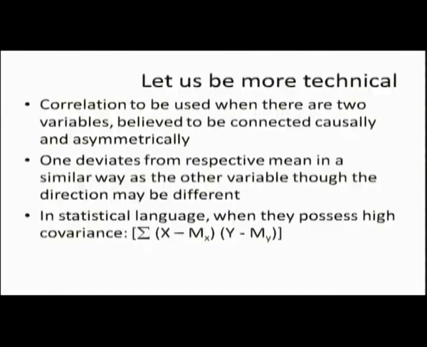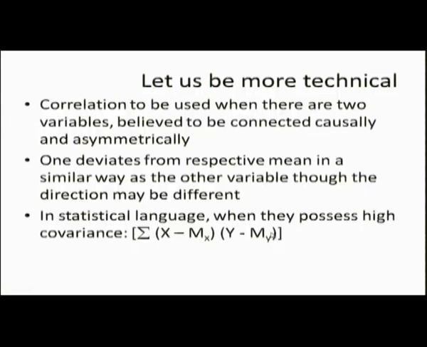Two variables are correlated when one deviates from its respective mean in a similar way as the other variable, though the direction may be different. In statistical language, when they possess high covariance, they are called correlated. What is covariance? Covariance is the summation of deviations of x from the mean of x multiplied by deviations of y from the mean of y. We calculate mx and subtract mx from all values of x.